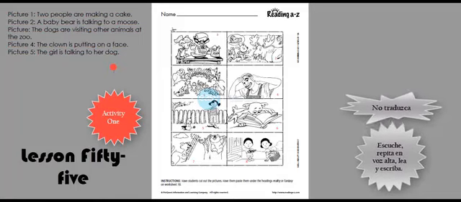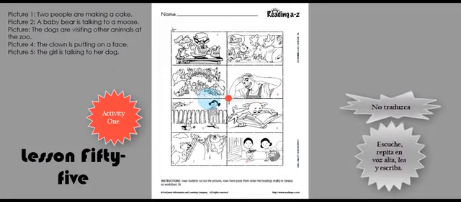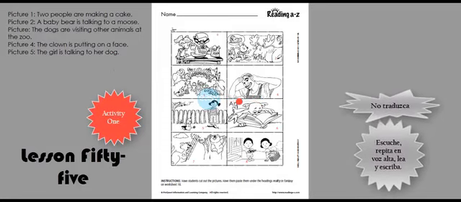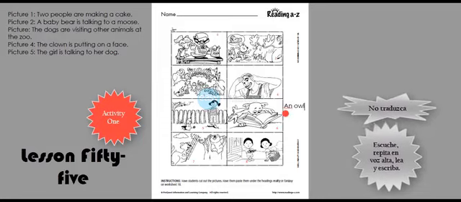In picture 6, we can see an owl. This is an owl. Let me write this in here. Perhaps it is possible. No, it is too big. Perhaps on this side. An owl. This is an owl.